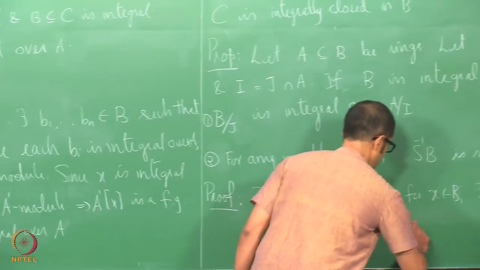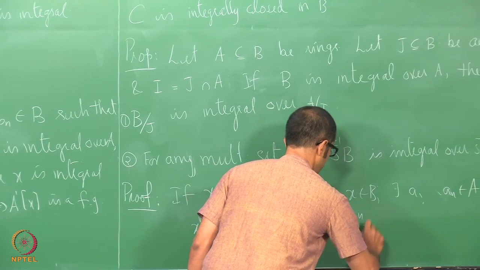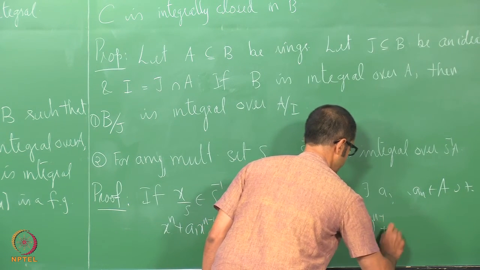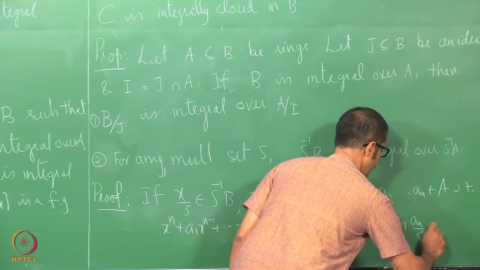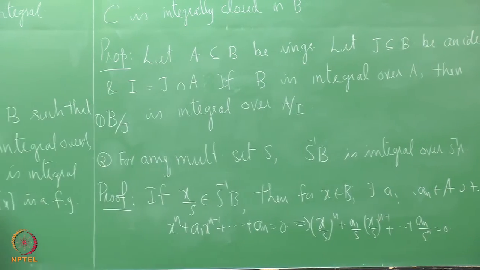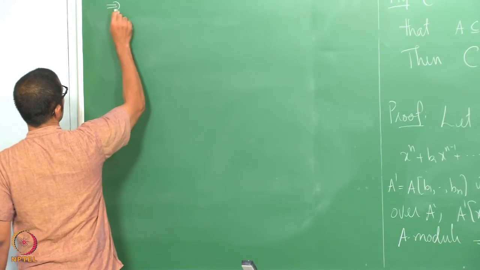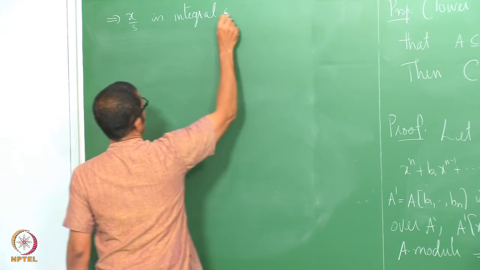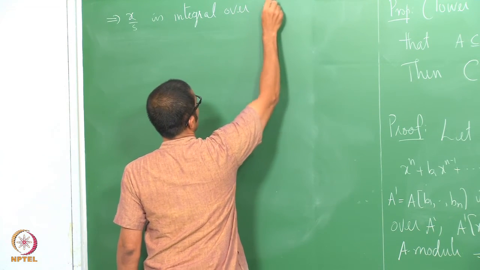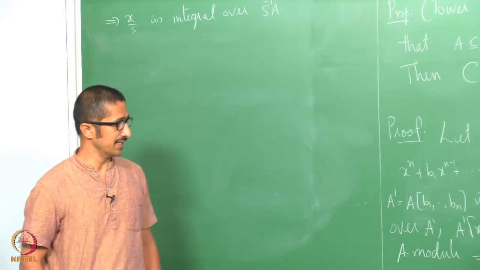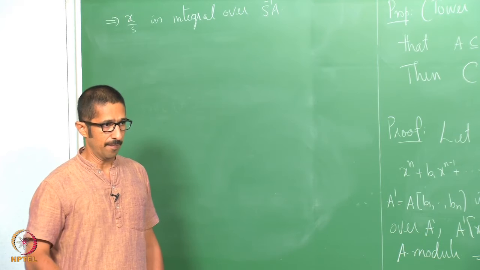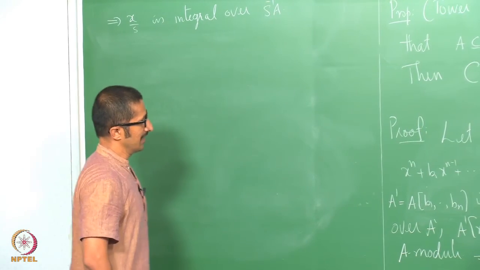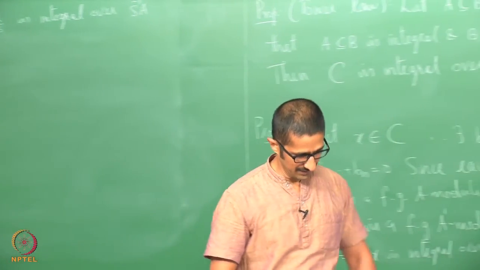That implies that x by s whole power n plus a1 by s times x by s whole power n minus 1 plus etcetera an by s power n is 0, and that implies x by s is integral over S inverse A, because each ai by s power i belongs to S inverse A. So, there are some nice applications of this.